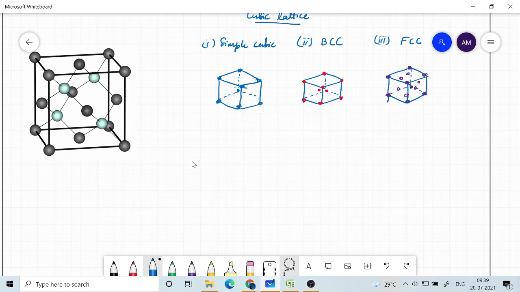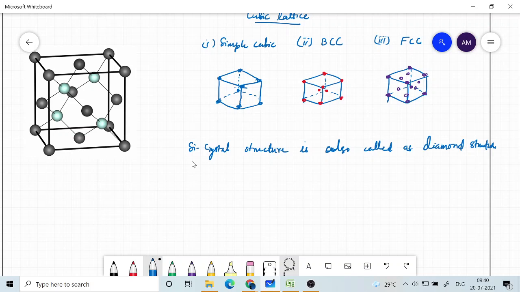Okay, so silicon crystal structure is also called as diamond structure. Just like the way carbon atoms are arranged in the diamond, that is how the silicon atoms are arranged in silicon crystal. So here I have a picture of this silicon unit cell.